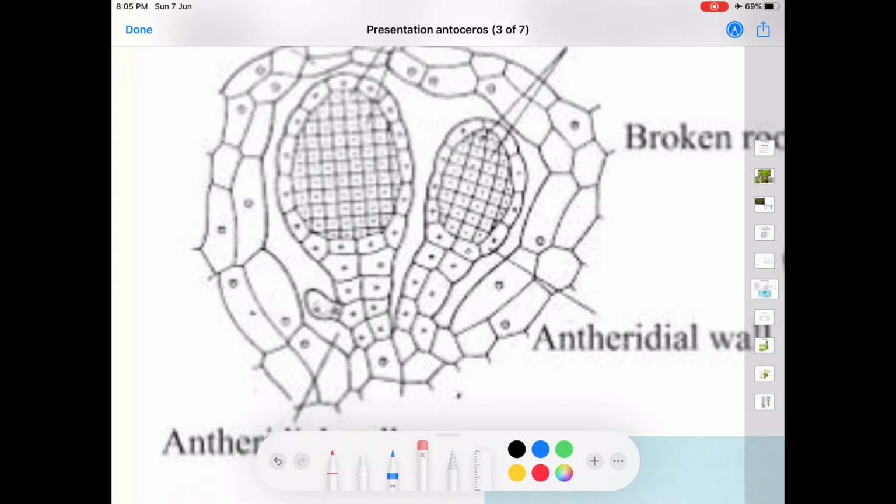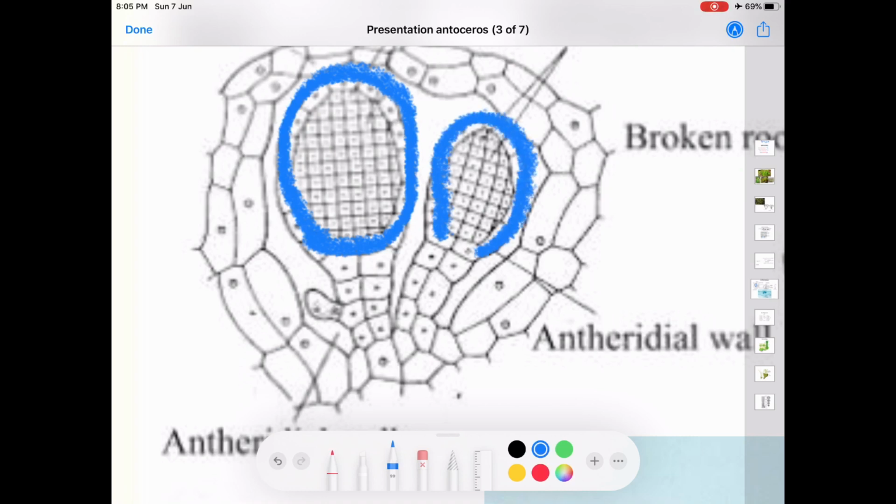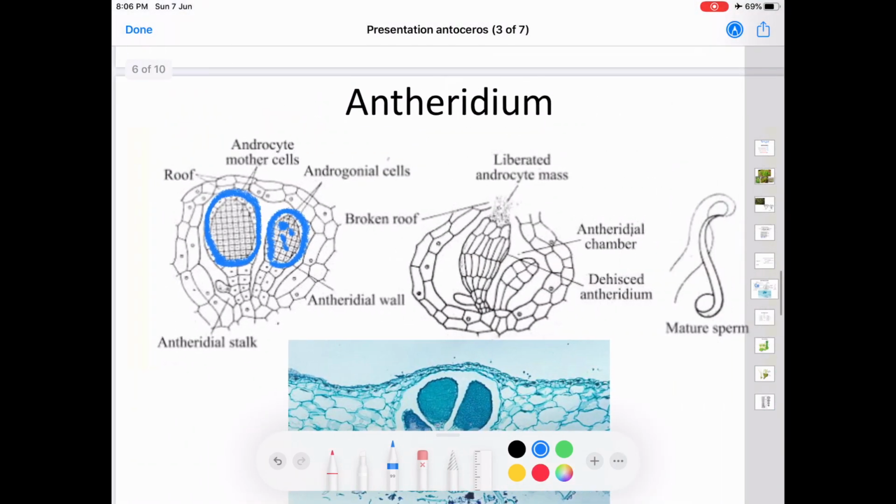A single layered sterile jacket encloses, see, this is the single layered sterile jacket, and this single layered sterile jacket forms the outer covering of the body of the antheridium, and it encloses the antherozooids inside the body.